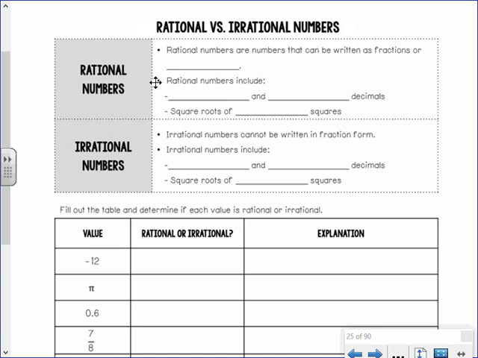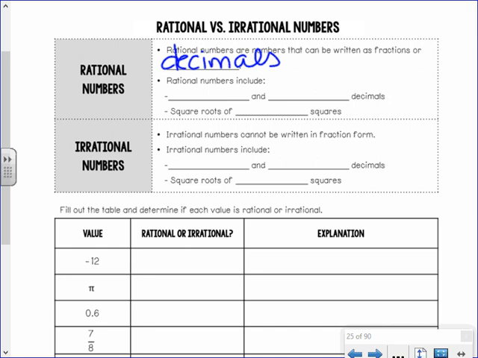Decimals. Okay. What kind of decimals did we talk about yesterday? What was the title of our activity? Chloe.